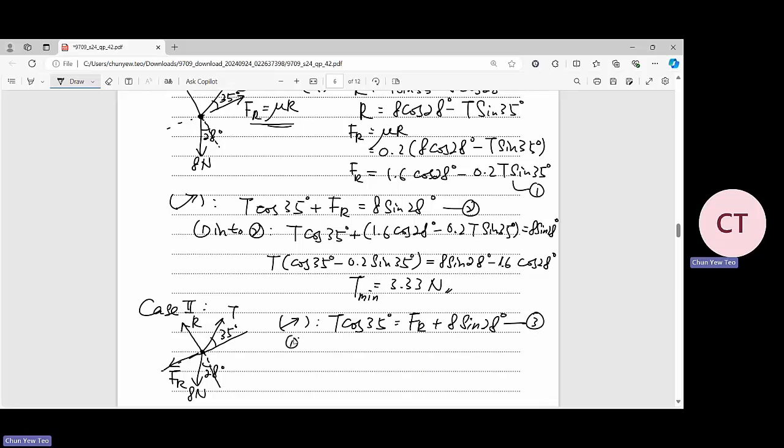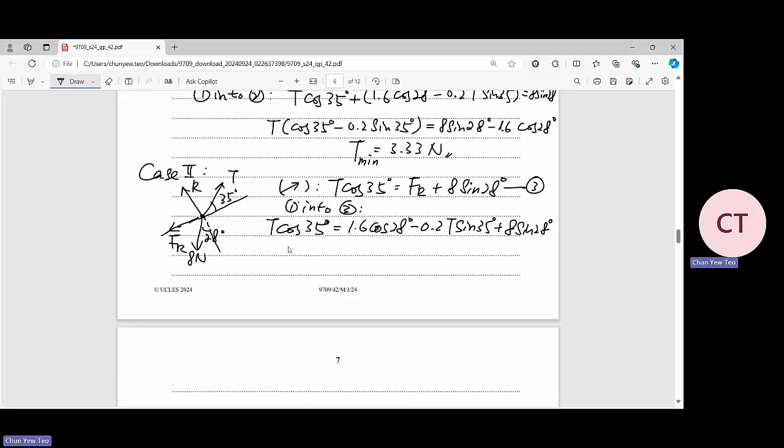Then I just say 1 into 3. Then I get T cos 35 equals 1.6 cos 28 degrees minus 0.2 T sin 35 plus 8 sin 28 degrees.